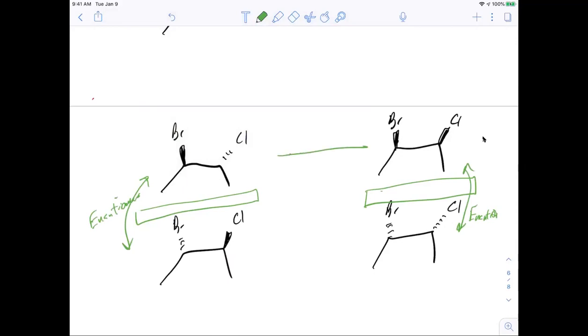But what is this to that? Is this one a mirror image of that one? No. Okay. Whenever you have chiral molecules that are not mirror images of each other, those are diastereomers. So that would mean these two are diastereomers.